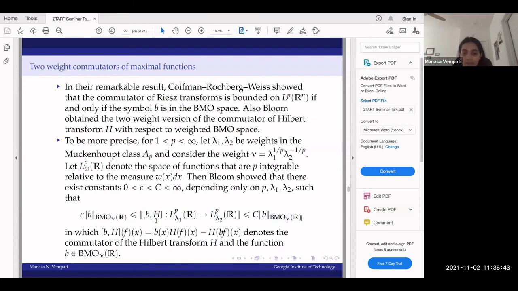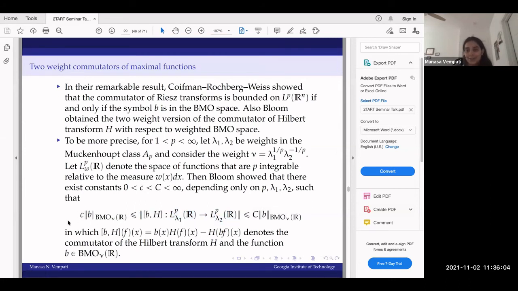In this inequality, we are giving a bound for the operator norm of the commutator of the Hilbert operator with the function b in terms of the weighted BMO norm of the function b.